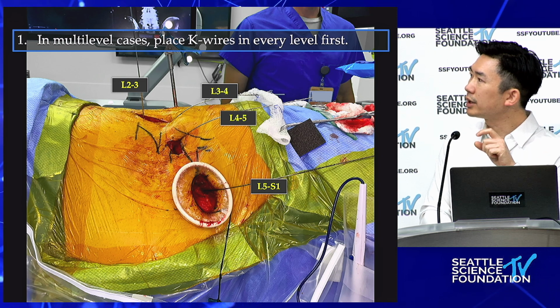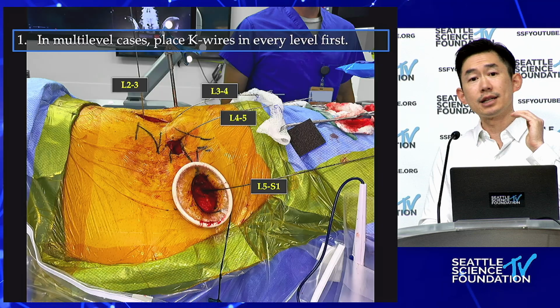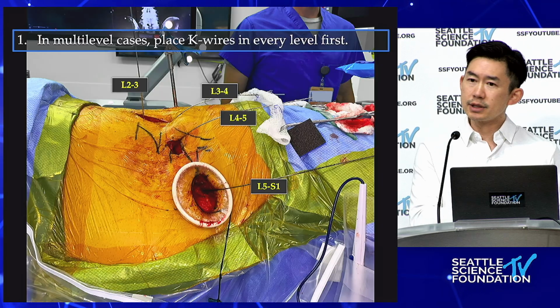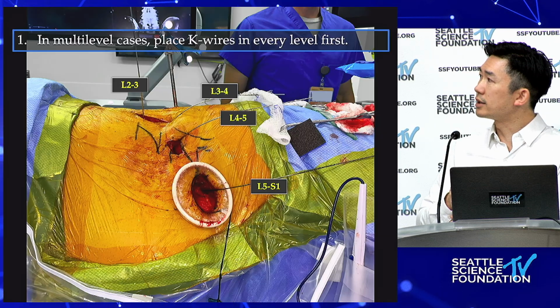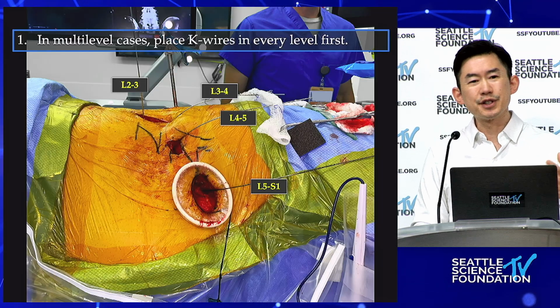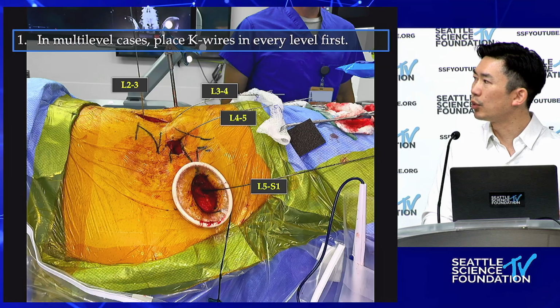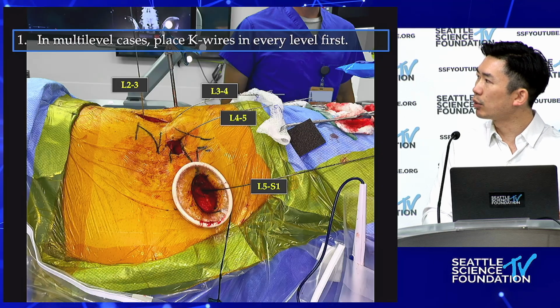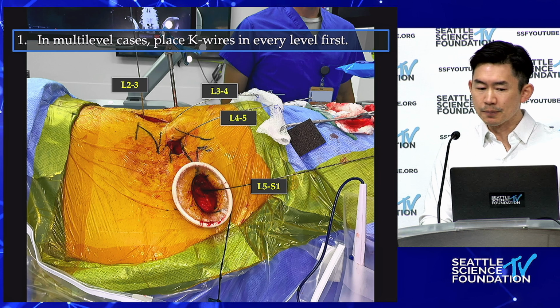And so while the array and the navigation is still the most accurate, I will dissect down here to 2-3, place that K-wire, I'll come on out, dissect down to 3-4, place that K-wire in the center of the disc, come on out, and so on. And this way, it relieves the paranoia that I have that the navigation is changing in any kind of way. So I do recommend placing K-wires first, and then just going back to do your inner bodies and navigating that.